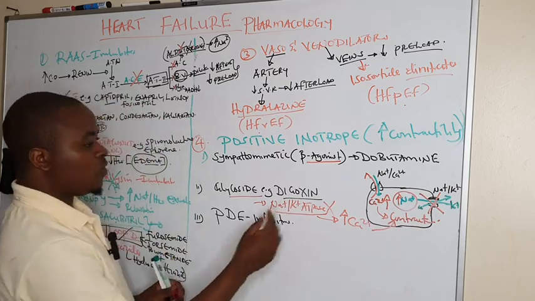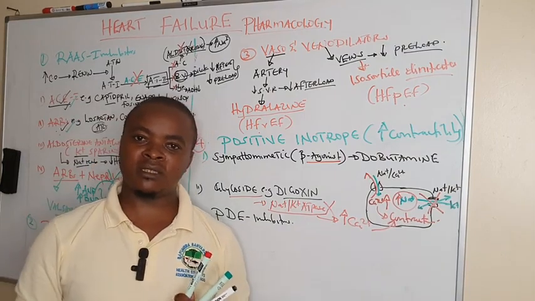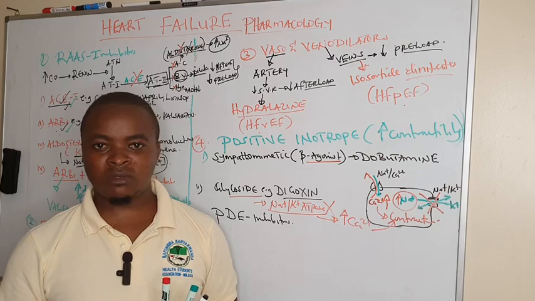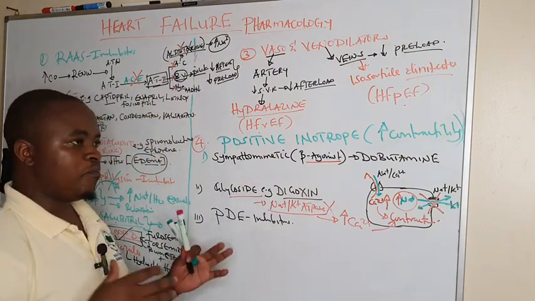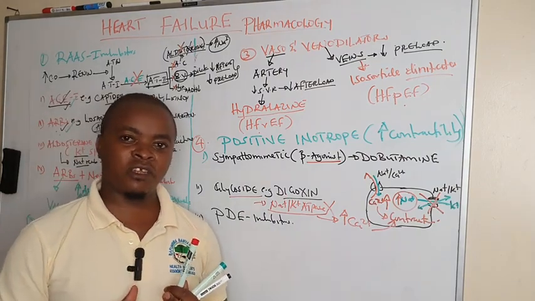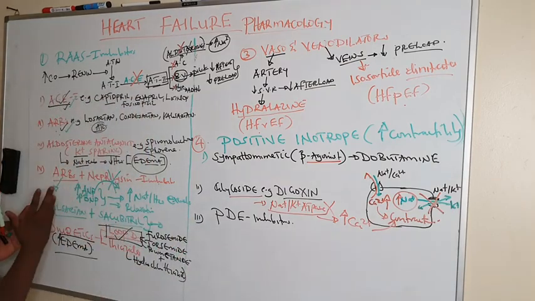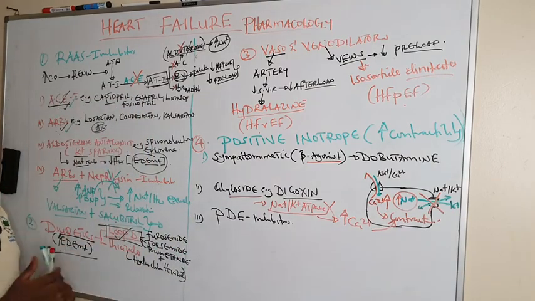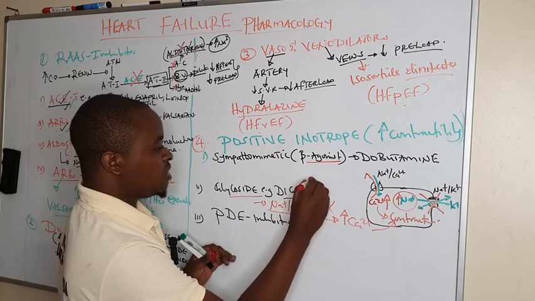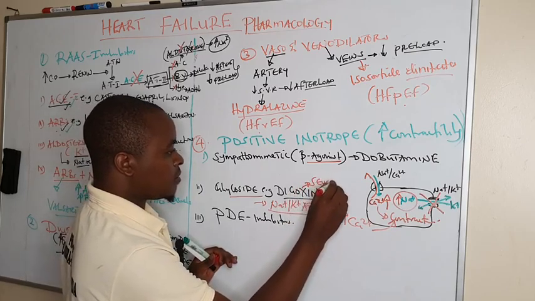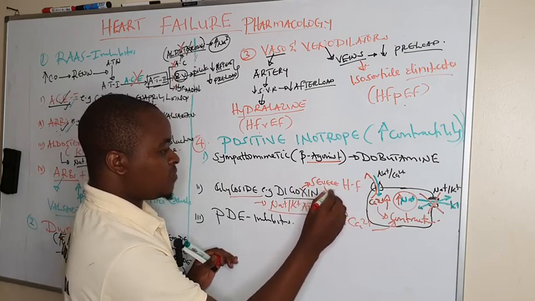So that's why we said digoxin increases contractility. It does not decrease mortality, nor does it cause mortality. It is commonly used when patients have failed to respond to the diuretics and the RAAS inhibitors, or it is given in severe cases. So digoxin is good in treatment of severe heart failure, especially characterized with edema.